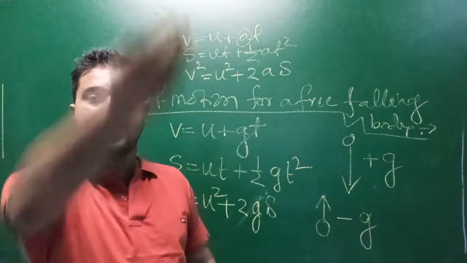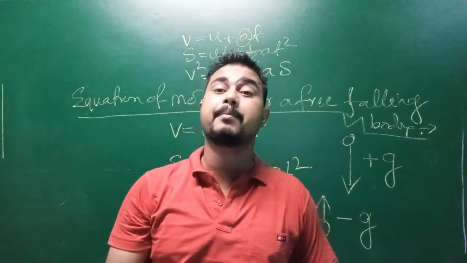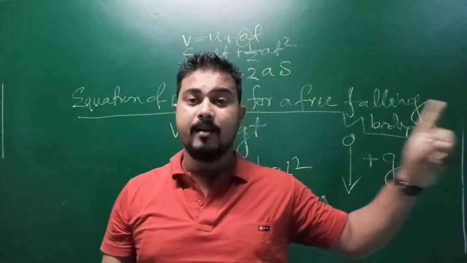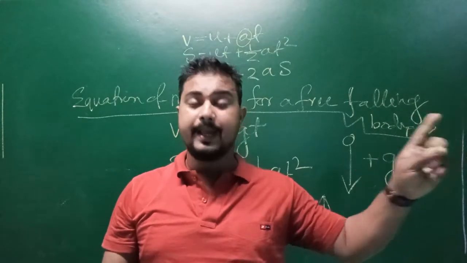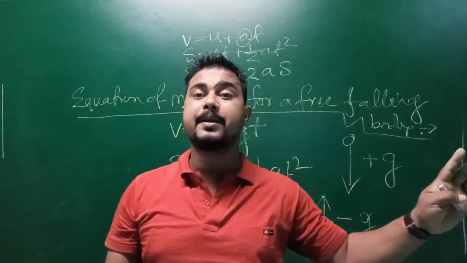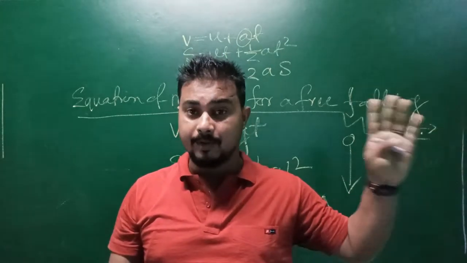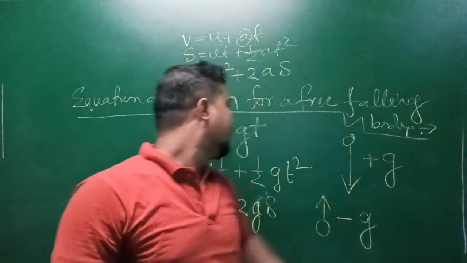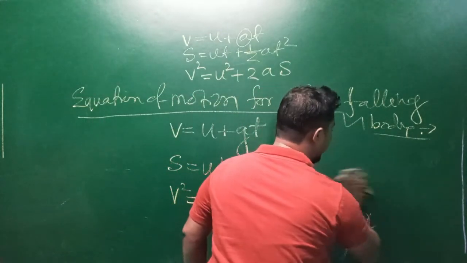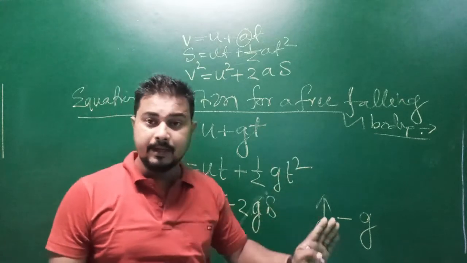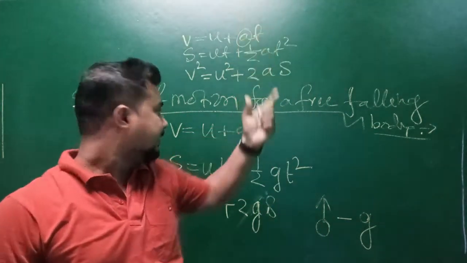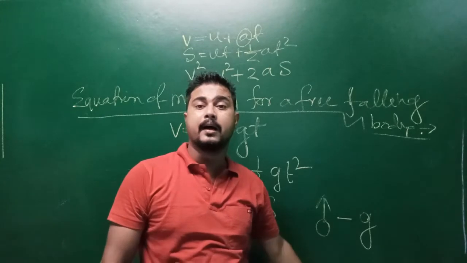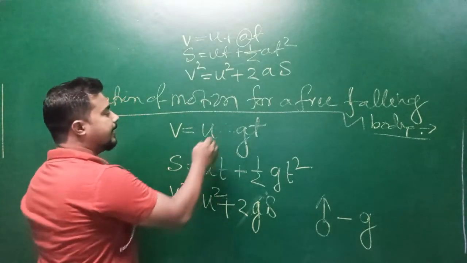So these are the three equations for a free falling body. Now if we throw it vertically upward, then small g will be considered as negative, so the equations get modified. For a vertical projectile, the first equation will be v is equal to u minus gt.